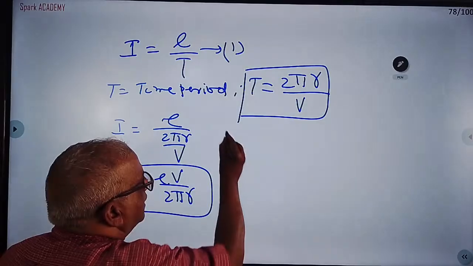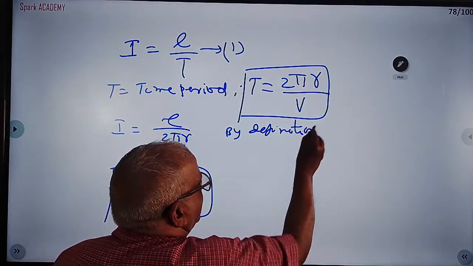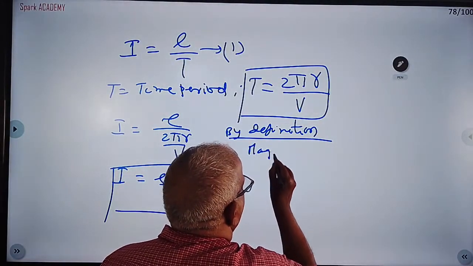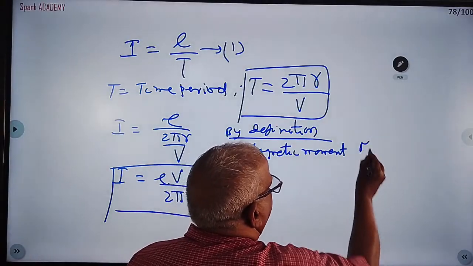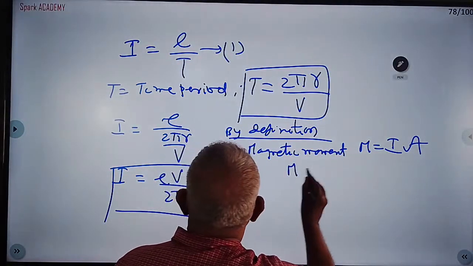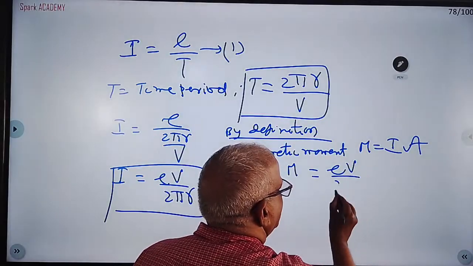By definition, magnetic dipole moment is current into area. Current is nothing but ev by 2 pi r.